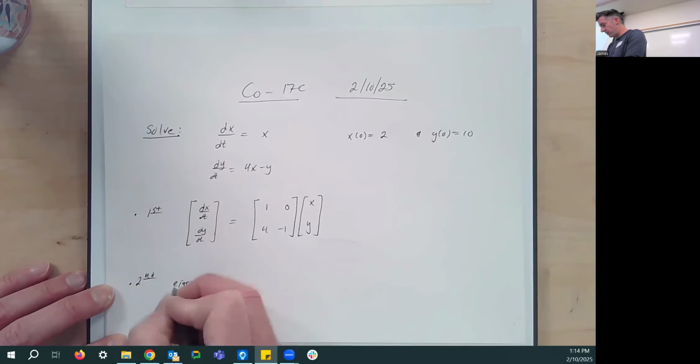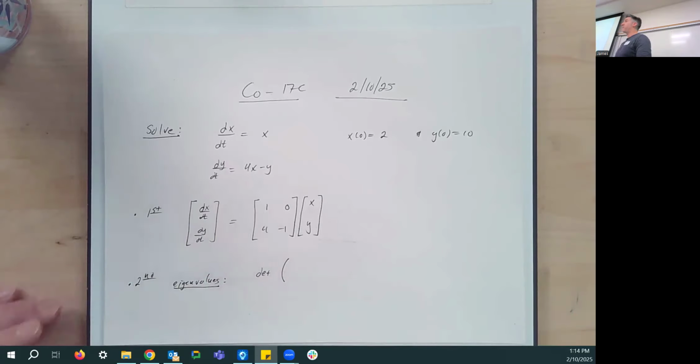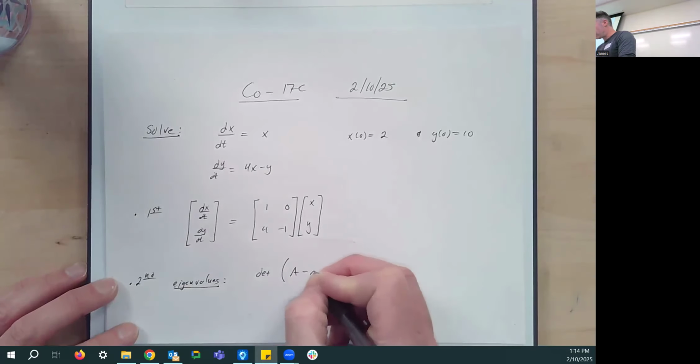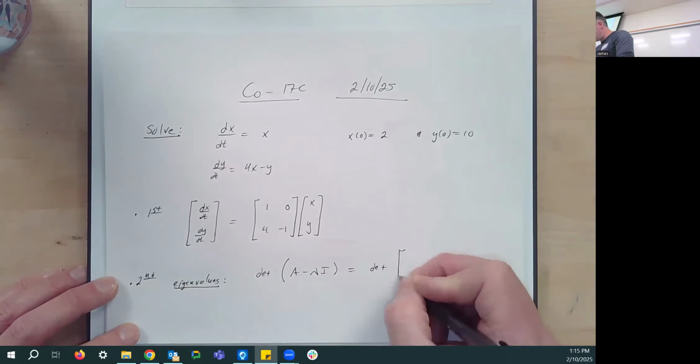So check this out. The eigenvalues come from the determinant of, and here's the fast way we should do this, take your matrix A, your 2 by 2 matrix, and just subtract lambda from each of the diagonal spots. So don't write A minus lambda times I, but maybe you can write this. But then you shouldn't take any more steps than writing just, okay, here's my matrix.